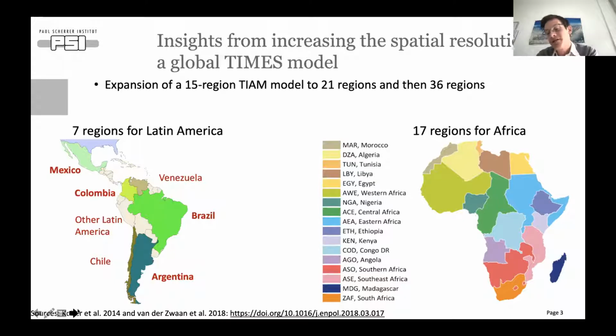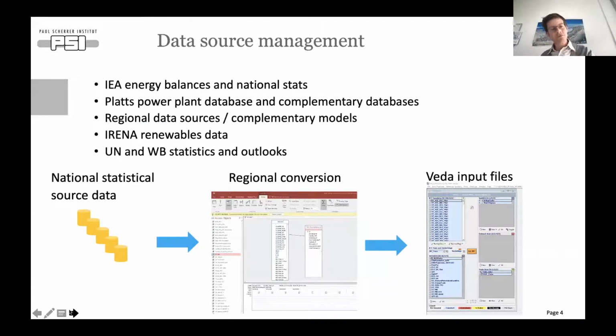So this, in the end, motivated us to come up with 17 regions for Africa, reflecting the different development status of the regions, but also the fact that we have different resources. And implementing this higher spatial resolution for these two continents was quite a challenge in terms of data source management, I have to say.